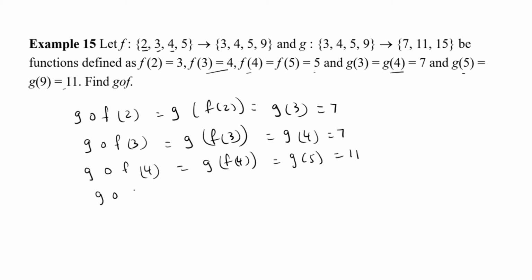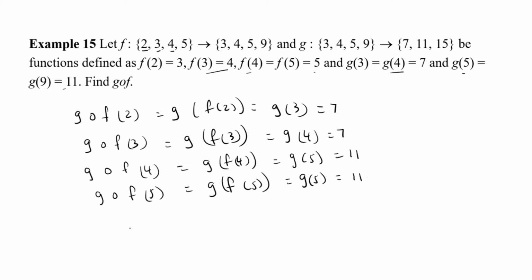Then the next element is 5. So g of f of 5 is equal to, here it is given f of 5 is equal to 5. So this is equal to g of 5 and g of 5 is equal to 11.